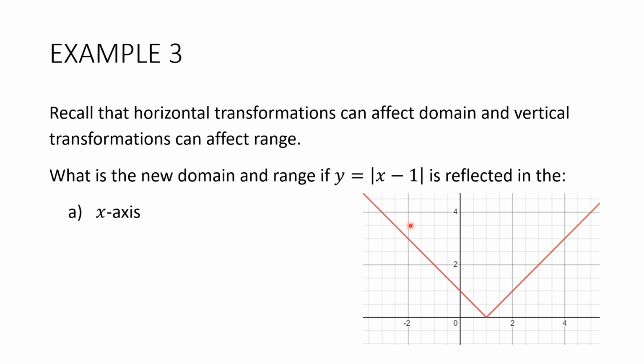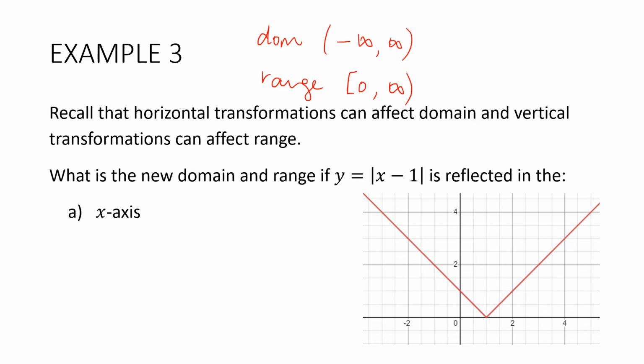Can you see that? It's been shifted over to x is equal to 1. So what's its domain and range? Let's write it up the top. The domain is all real x, so from -infinity to +infinity. And what's the range? Everything from 0, including 0, up to infinity.